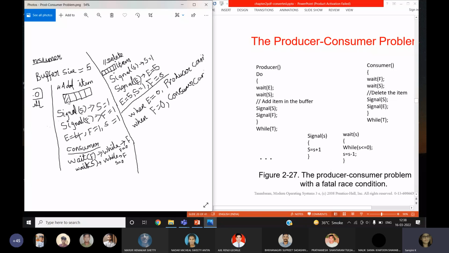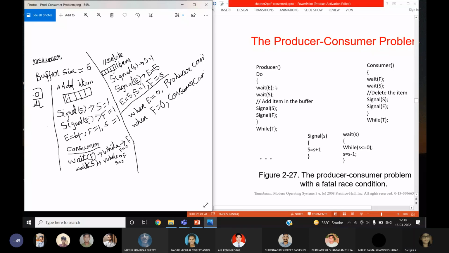See, one producer is producing the item. At the same time, if you allow the consumer, there will be a race condition. Because when he wants to produce, there are many things he has to execute: wait of E, wait of S, signal of S, and all. While it is executing any one of these, if the consumer is allowed, there will be a race condition.